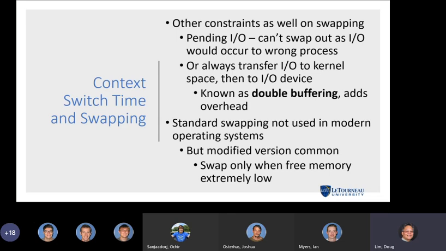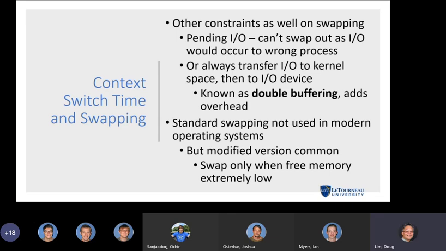Generally there's a technique called double buffering, which adds overhead but allows us to manage the I/O contention that occurs at that point and keep the process straight. That is a technique used in swapping out memory.